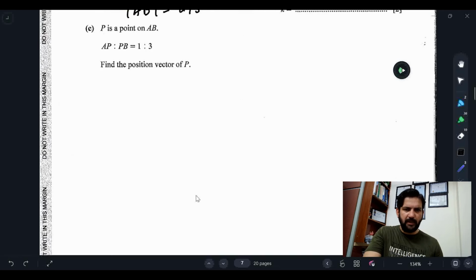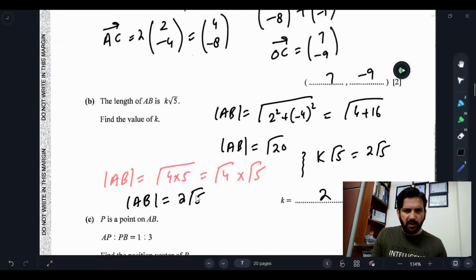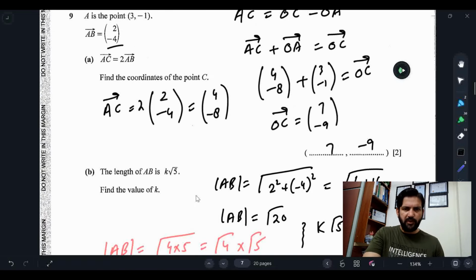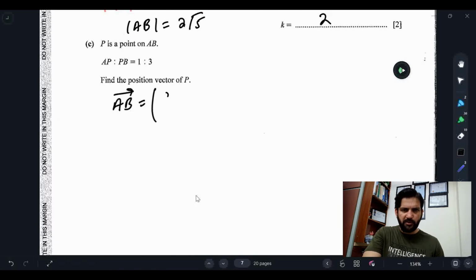Now in part C, P is a point on AB. First of all we have to understand that we will use the coordinates of AB. The coordinates of AB were (2, -4). Then AP ratio PB is 1:3.